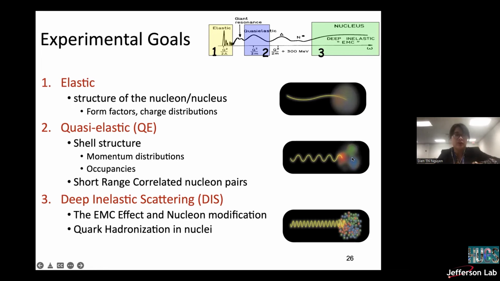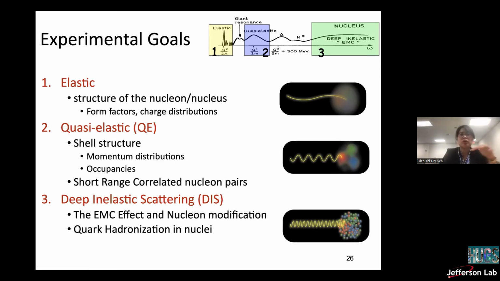One thing is different: this nucleon is moving inside the nucleus, so it carries information about energy and momentum. Quasi-elastic scattering is a channel we can use to study how the nucleon moves inside a nucleus. That is related to what we call shell structure and the momentum distribution of nucleons, and it will be used to study short-range correlation, the main topic of our lecture too.